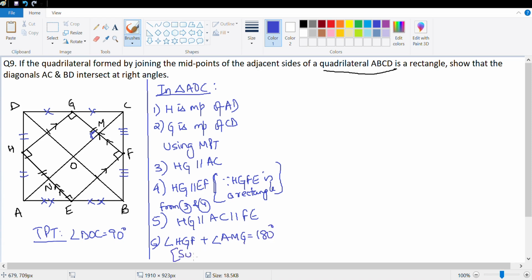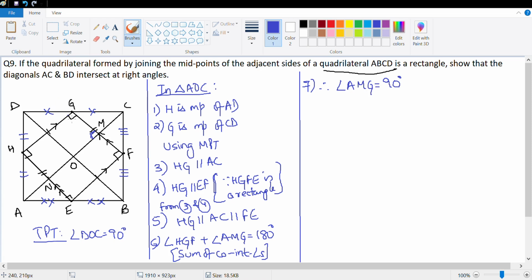This is the sum of co-interior angles. Since these are co-interior angles, this is 180°, which means therefore angle AMG is equal to 90°.